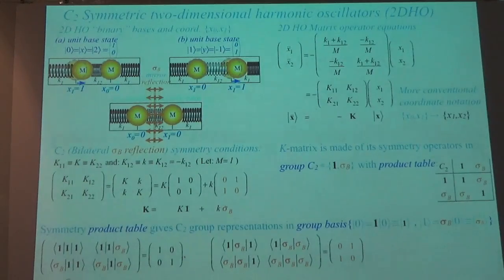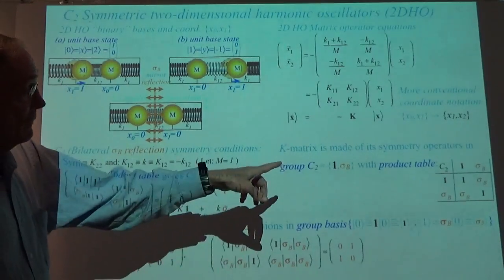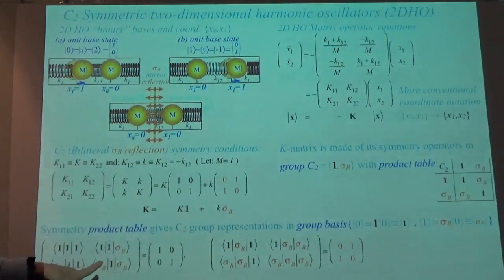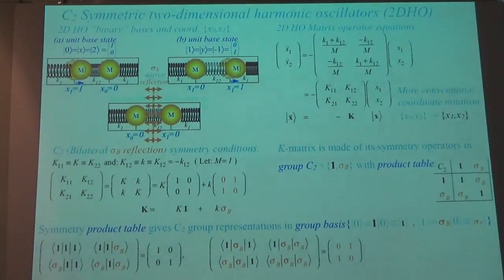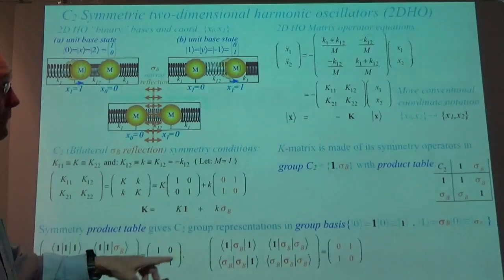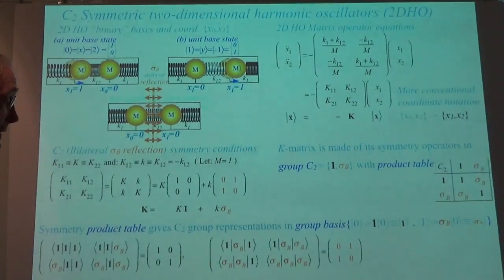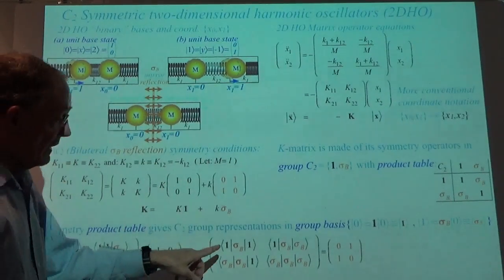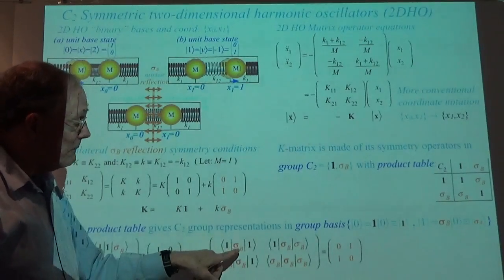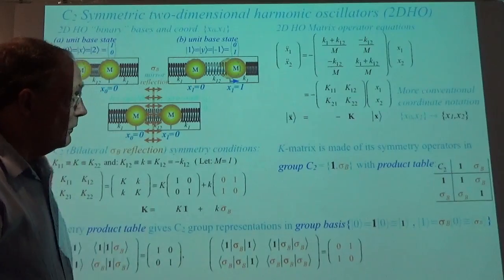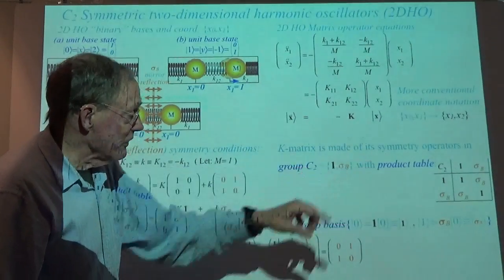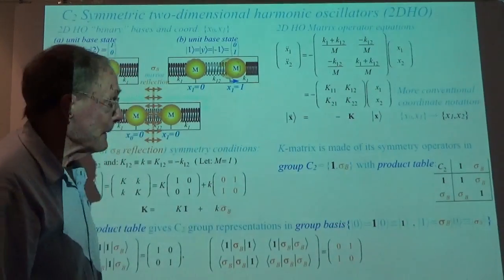So the product table, as you saw in that discussion, gives you immediately a group table. You simply put down 1s wherever the element in question is appearing in the product table, and that's true here for the unit operator and for the reflection, bilateral reflection sigma b, which appears in the off-diagonal parts of the table, so that's what the matrix looks like.